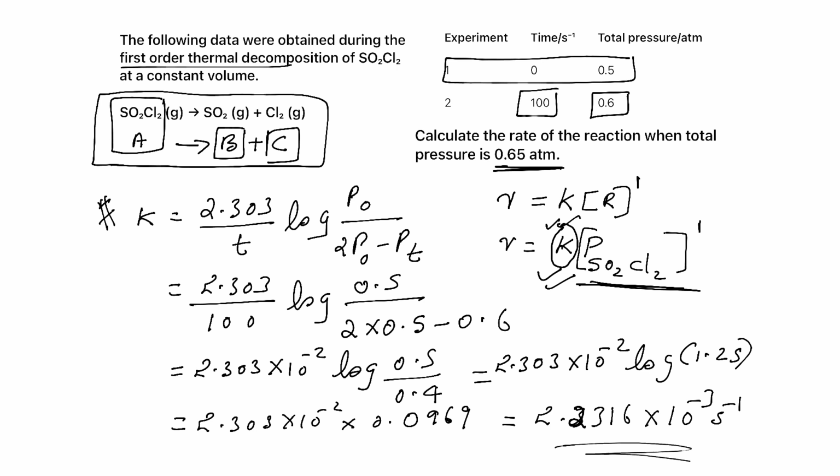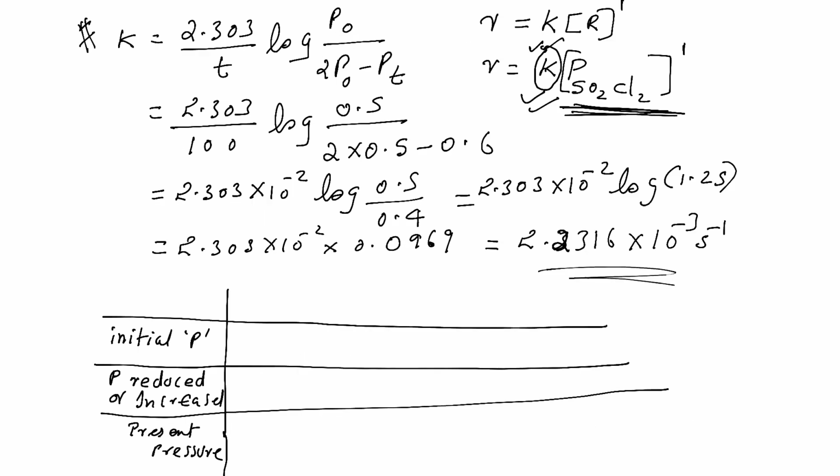We found K. Now we are supposed to find the present partial pressure of SO₂Cl₂. Then we can find the rate. For finding the partial pressure, write the reaction. SO₂Cl₂ gives SO2 plus Cl2, right? When the reaction starts, only reactant is there.